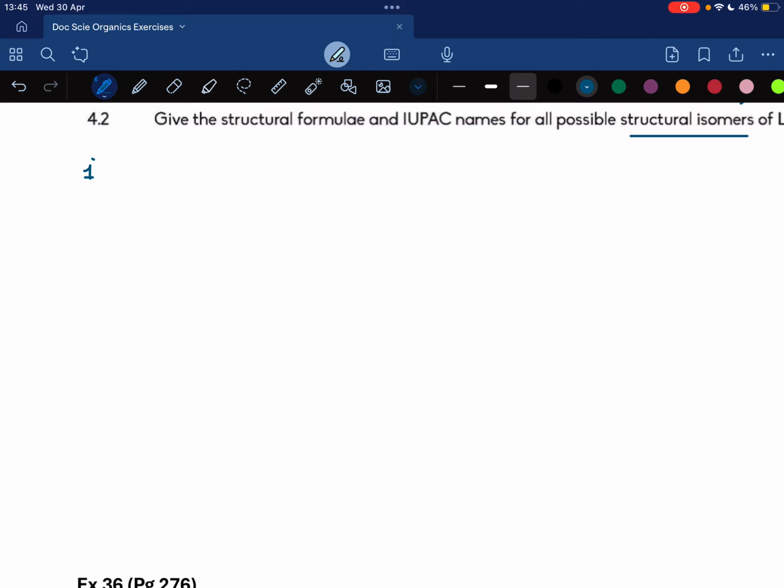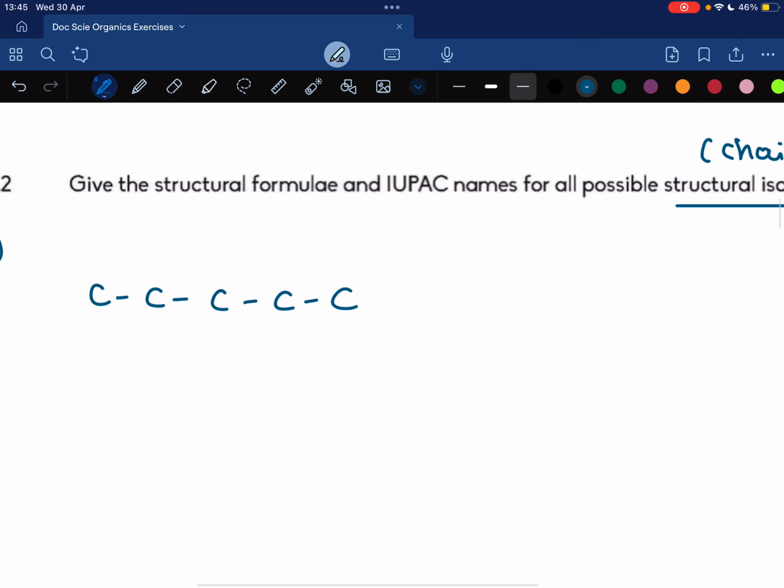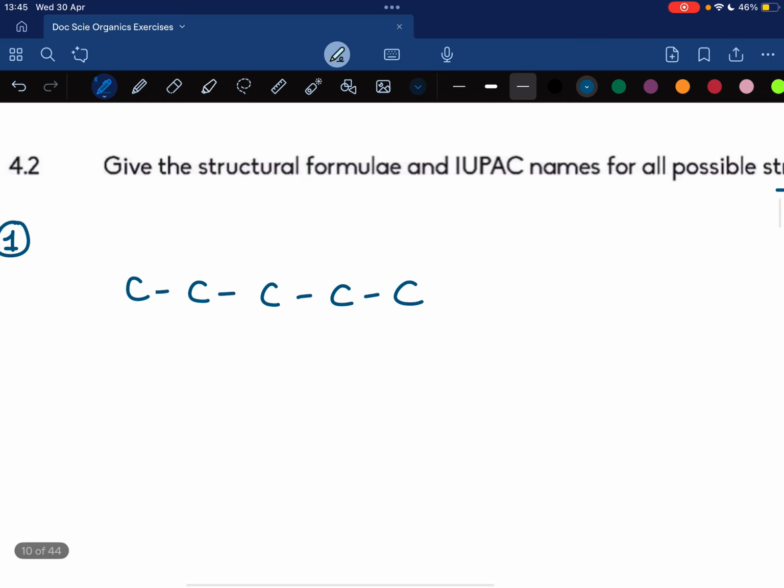So the first one will be 1, 2, 3, 4, 5. And then let's put a side chain on any carbon except the terminating ones. So if I do that, let's double check and see. So I have all these H's.